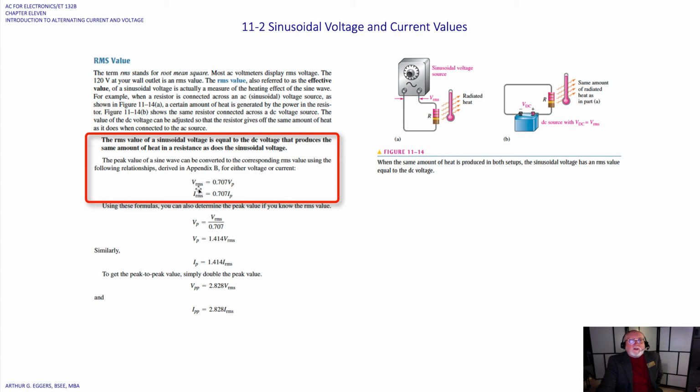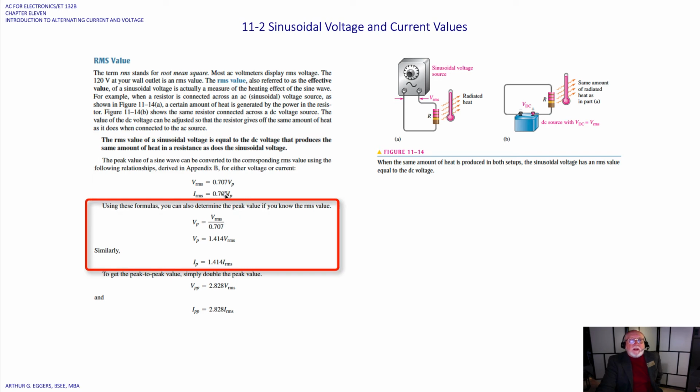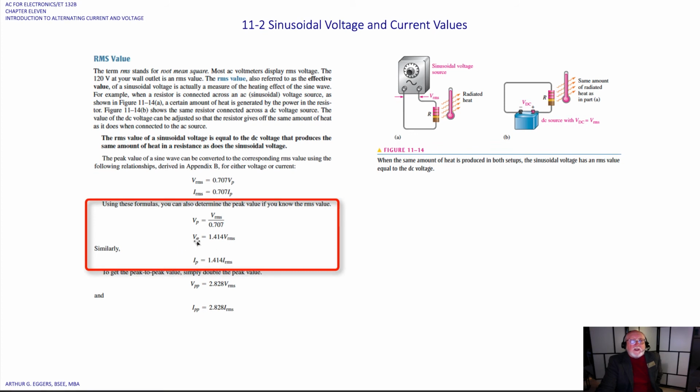Mathematically, volts RMS is 70%, 0.707, of the peak value. The same thing applies with the current. Using these relationships, I can move my terms around to calculate the peak value. I just divide through by 0.707 on both sides, and the peak value is 1.414 times V RMS.